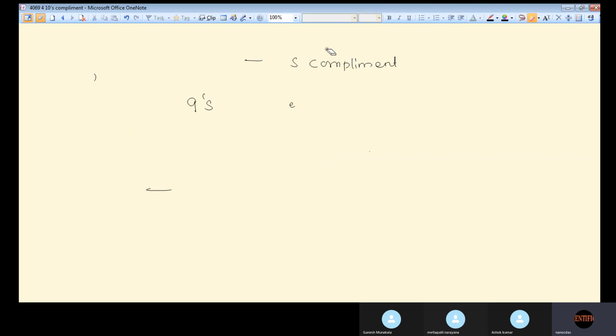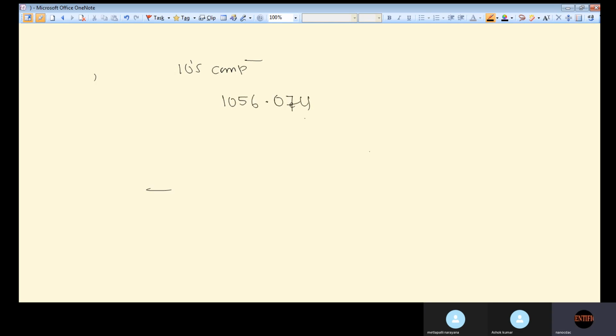In the same way, if I ask you to find the tens complement of 1056.074, so what is the answer? Tens complement of 1056.074. What is the answer? Quickly, let me check.